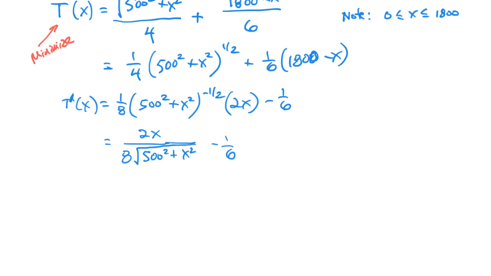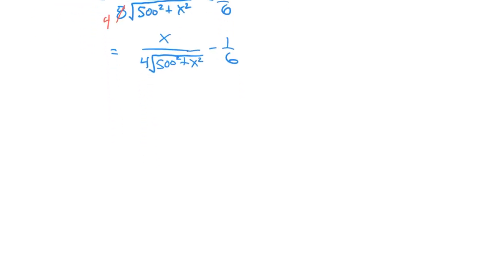And let's just clean this up because these are both even. That goes once, that goes 4 times. So you end up with x over 4 times the square root of 500 squared plus x squared, minus 1/6. And what we want to do is set this equal to 0.